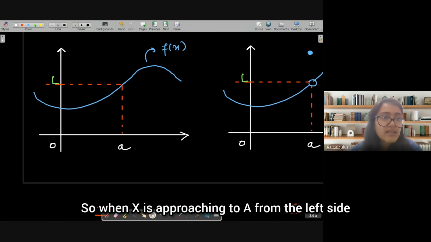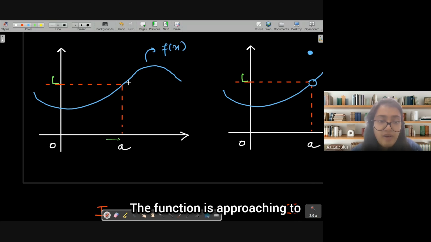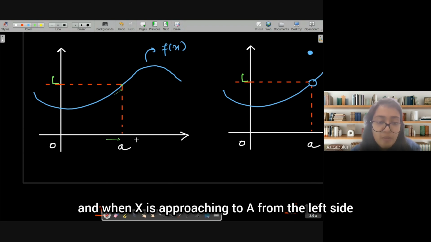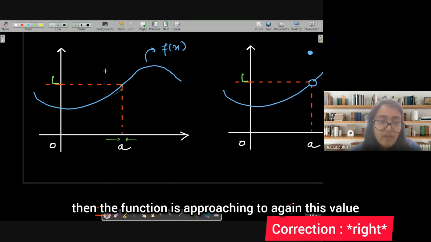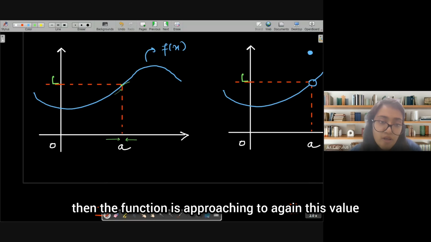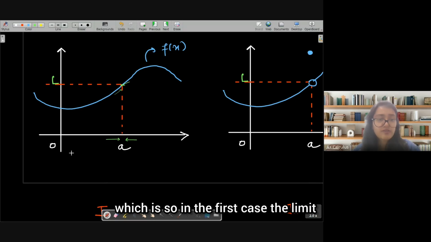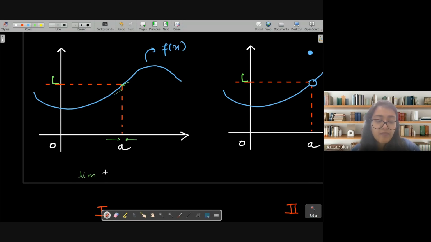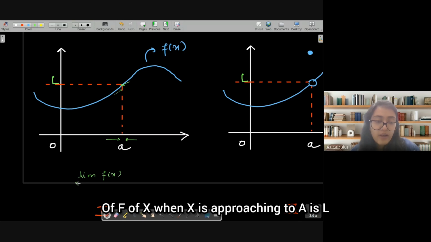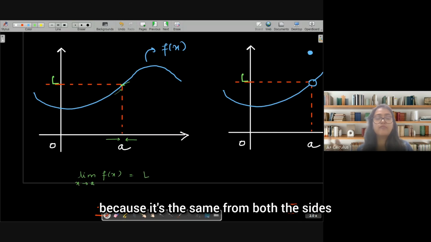When x is approaching a from the left side, the function is approaching this value, which is L. And when x is approaching a from the right side, the function is approaching, again, this value, which is L. So in the first case, the limit of f of x when x is approaching a is L because it's the same from both sides.